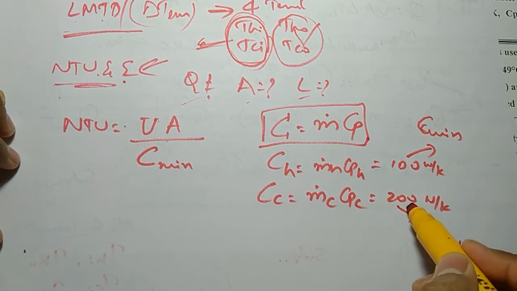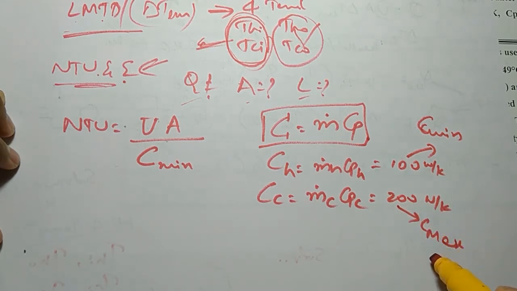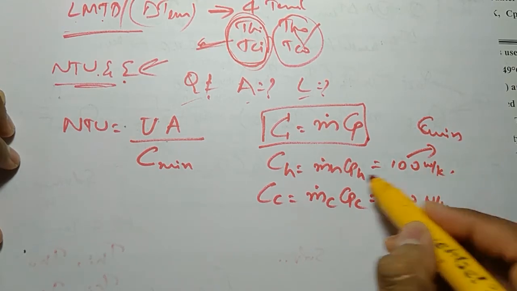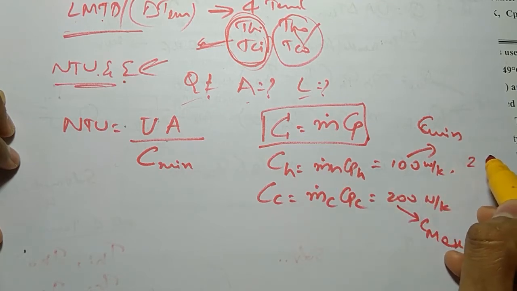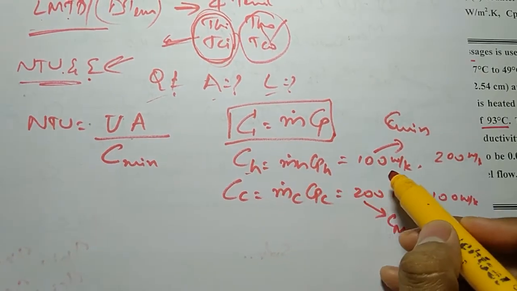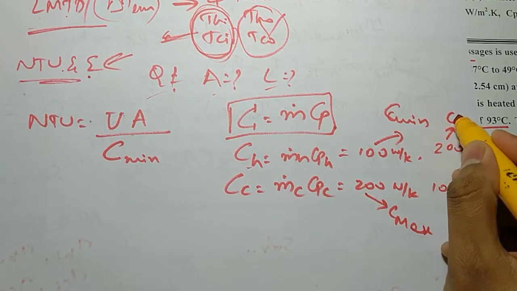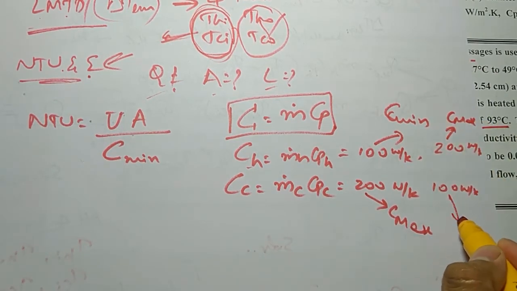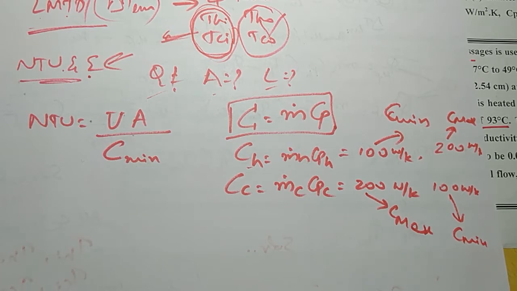Suppose in the problem you get 200 watt per Kelvin for CH and 100 watt per Kelvin for Cc. Then CH becomes C max and Cc becomes C minimum.